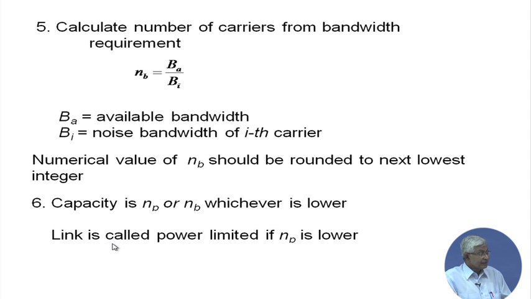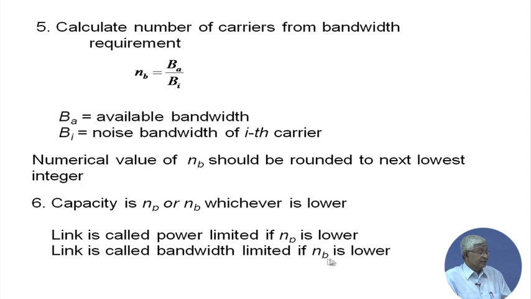Now, whichever is lower is the limit. If NP is limiting, it is called a power limited transponder or power limited case. If the number of carriers that can be supported in terms of bandwidth is lower, it is bandwidth limited. Whichever is limiting, whichever is lower, it is called that way.